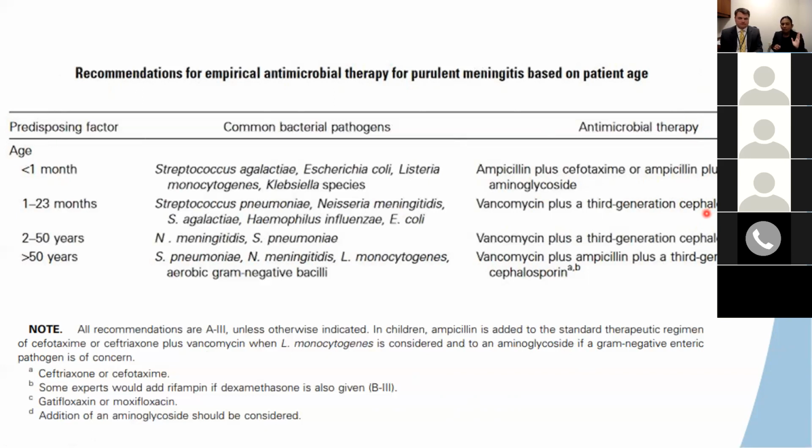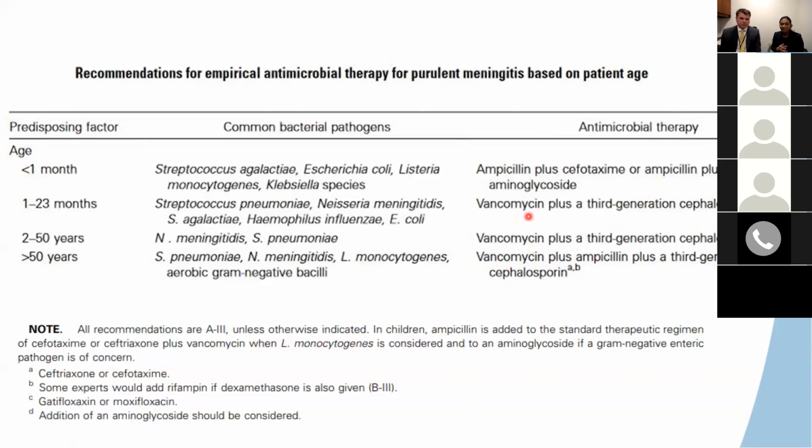If you're between the ages of 1 to 23 months, you see a change in the pathogen. Now you have the number 1 as strep pneumo, then you have Neisseria, group B strep, Haemophilus, E. coli. In this case, again, you do Vanco plus a 3rd generation cephalosporin like ceftriaxone. You might ask, why are we doing Vanco?